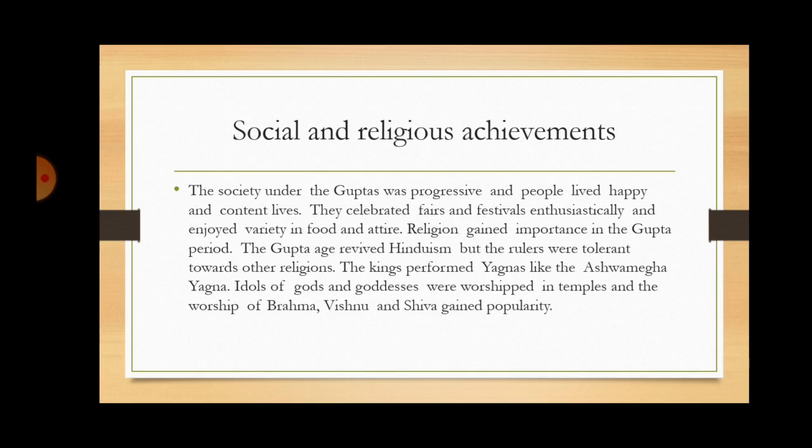They celebrated fairs and festivals enthusiastically. Religion gained importance in the Gupta period. The kings performed yagnas like Ashwamedha Yagna, idols of gods and goddesses were worshipped in temples, and the worship of Brahma, Vishnu, and Shiva gained popularity.